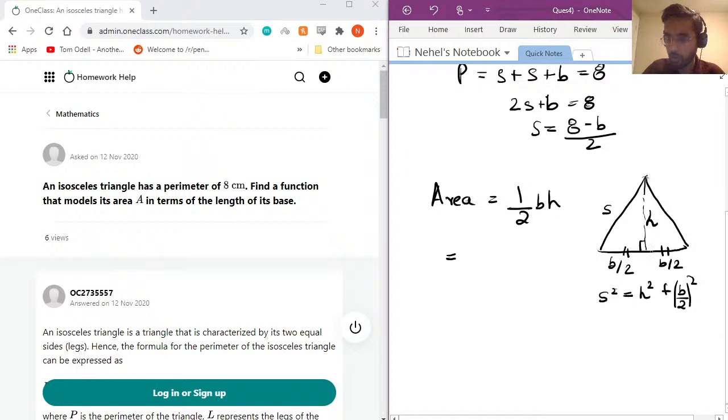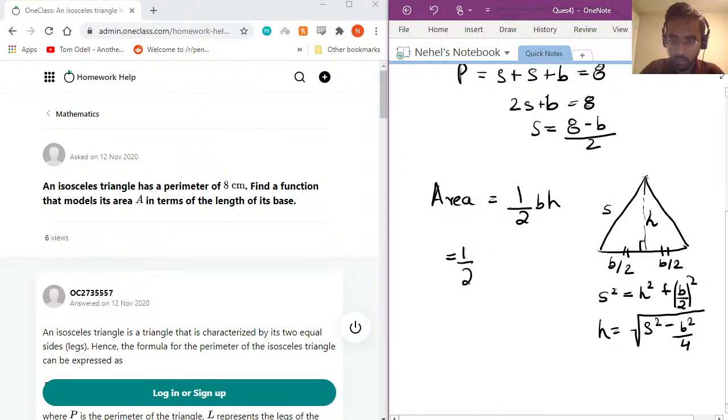From this equation we need to separate for h, so we can substitute it in the equation for the area. So h is equal to the square root of s squared minus b squared over 4. Perfect, so we can substitute that right in.